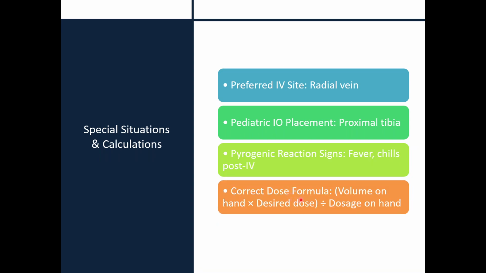The correct dosage formula: volume on hand times desired dose, divided by dose on hand. So let me do that one real quick. All right, so let's say I have an order to give 8 milligrams of morphine.